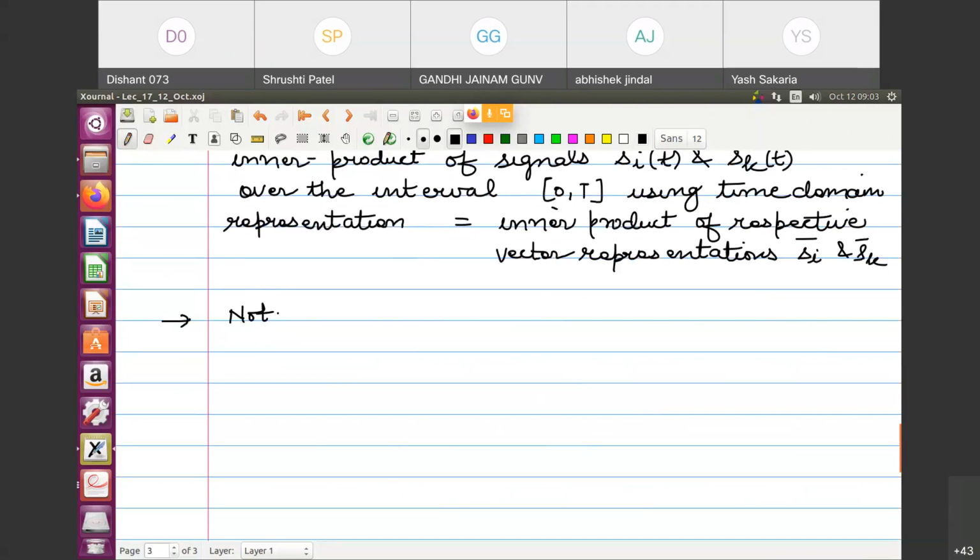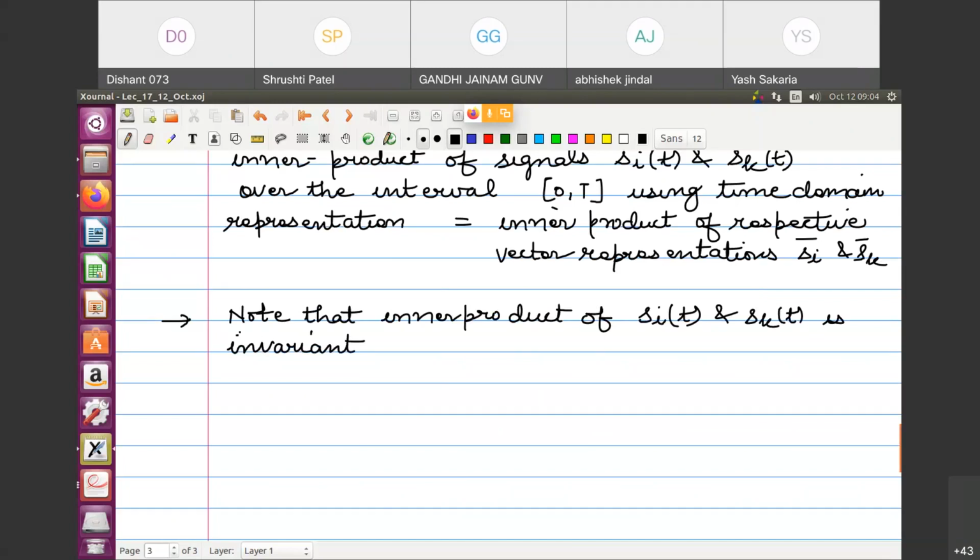So note that the inner product of s_i(t) and s_k(t) is invariant to the choice of basis functions. Okay, this is a very important factor.